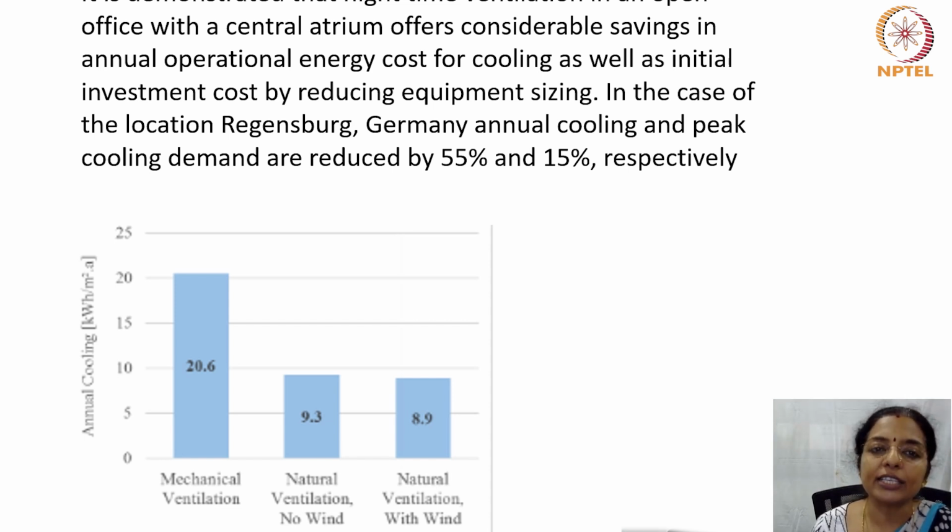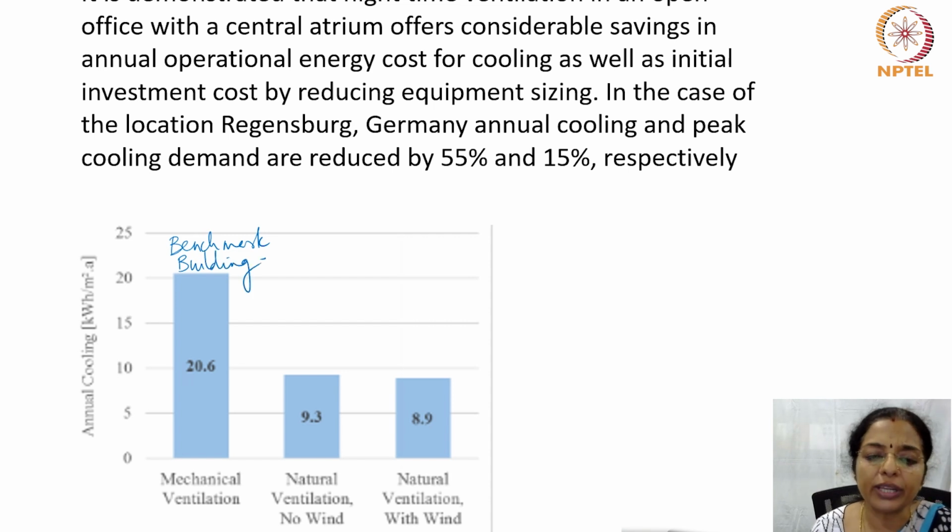In the case of the location Regensburg in Germany, annual cooling and peak cooling demand were considerably reduced by 55% and 15% compared to the benchmark building, which is what was normally built in that place.